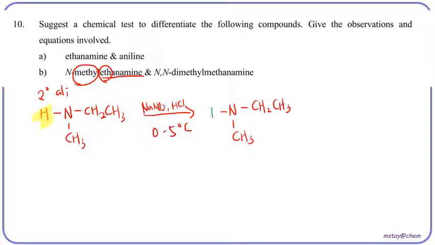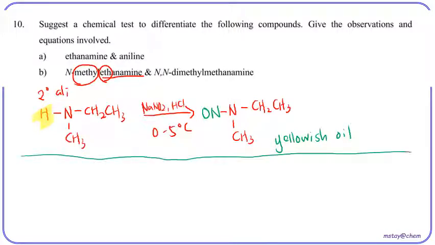This bond will be bonded to the NO. For this, the observation will be yellowish oil. Okay, so from here again we can say that the hydrogen is replaced with the nitroso group.